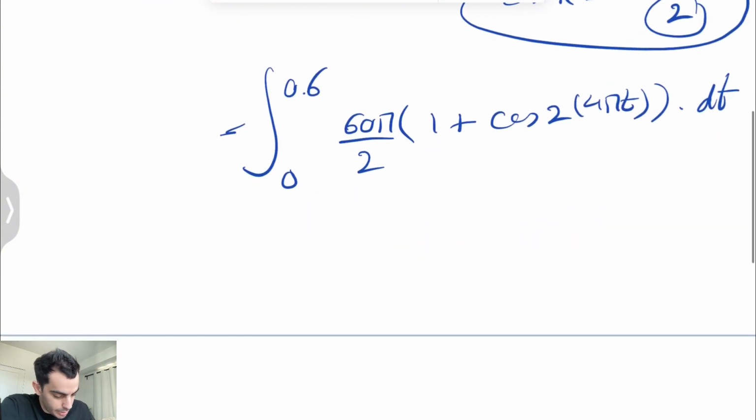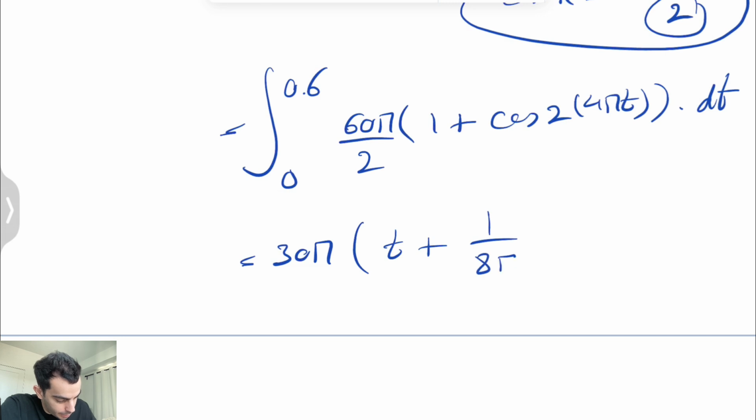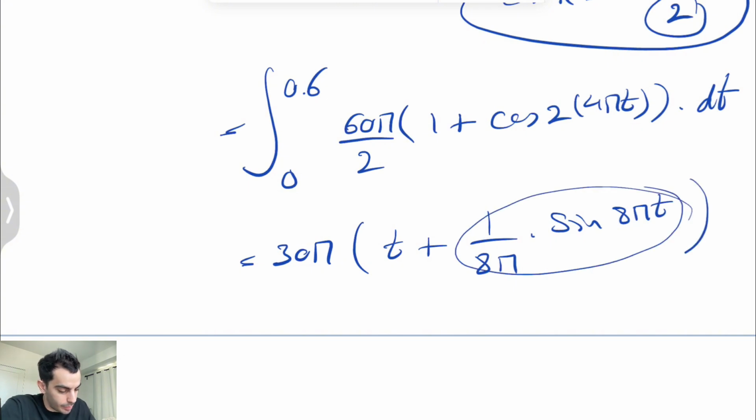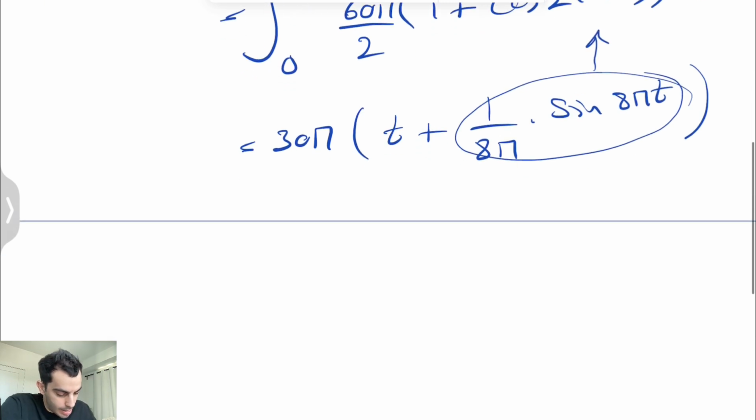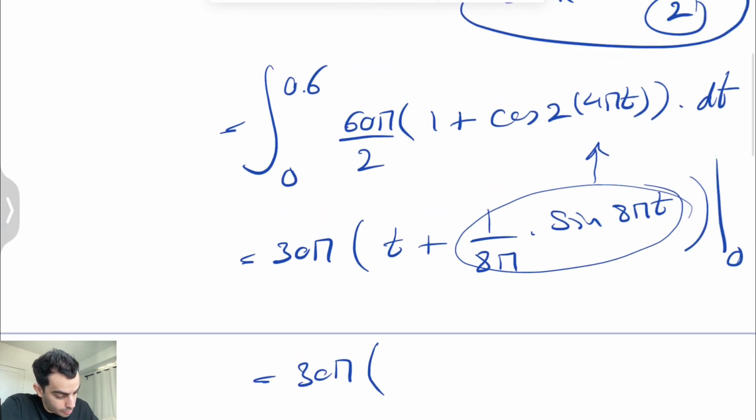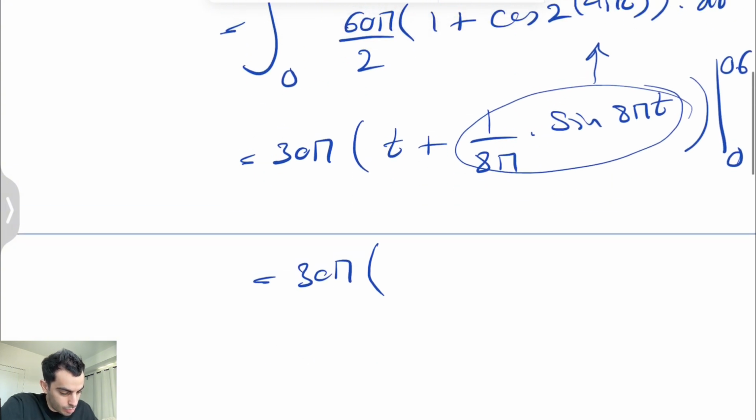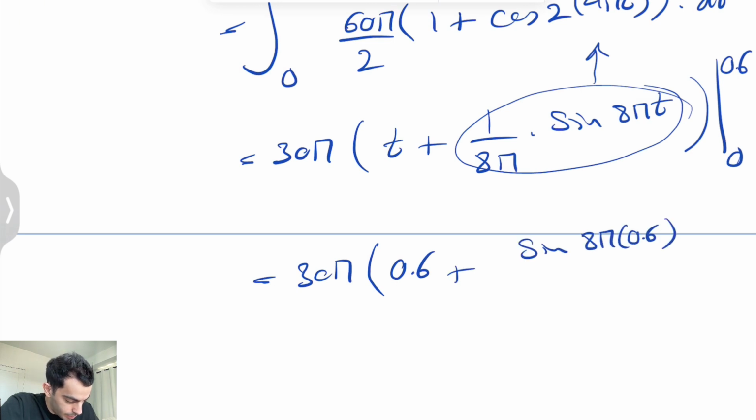This is going to be pretty easy: 3 pi, and we're going to have t plus 1 over 8 pi sine of 8 pi t. You can see if we just take the derivative of this sine, we're going to get what we have in here. And now we just have to plug in everything, from 0 to 0.6. So 0 is going to make everything 0, and we just have to find 0.6 plus sine of 8 pi times 0.6 divided by 8 pi.